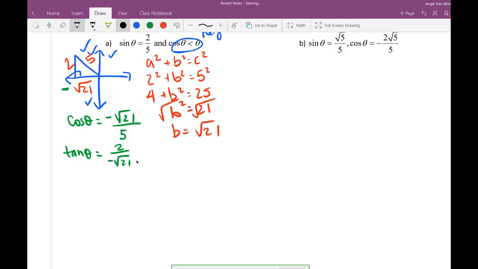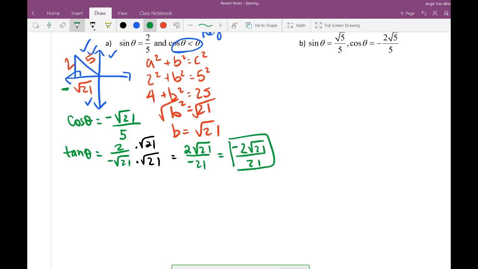Multiply top and bottom by rad 21. Yeah, you need to rationalize this, class. Multiply top and bottom by square root. So you're going to end up with 2 times rad 21 over negative what? Negative 21. Can I bring the negative onto the top? Yeah. Most books, class, won't write the negative in the bottom, so you can bring it to the top or in the middle, okay?